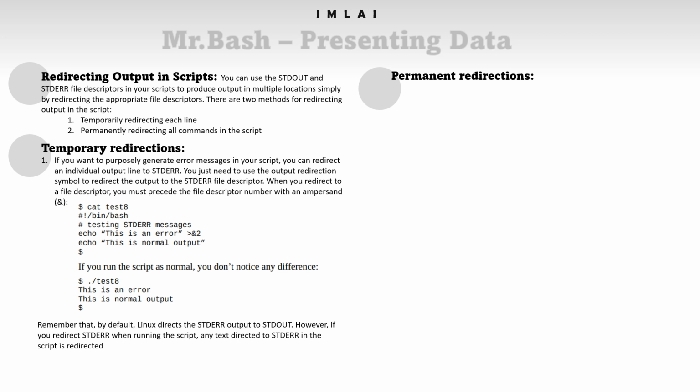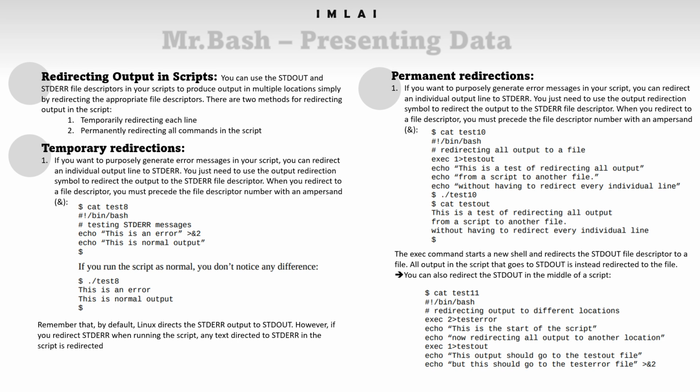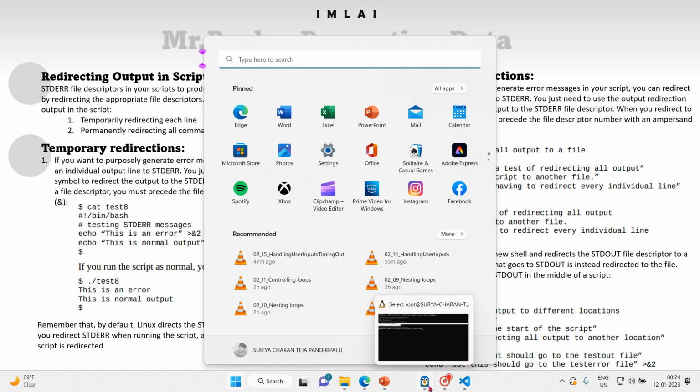When you redirect to a file descriptor, you must precede the file descriptor number with an ampersand. The same logic applies here, but in a different way. I'm talking about preceding this with a number 2. So we'll take an example for this also.